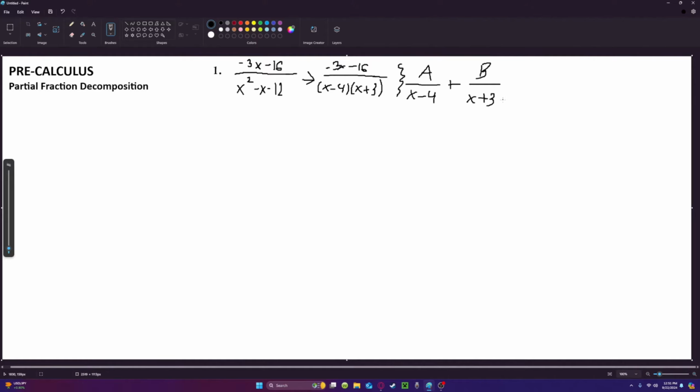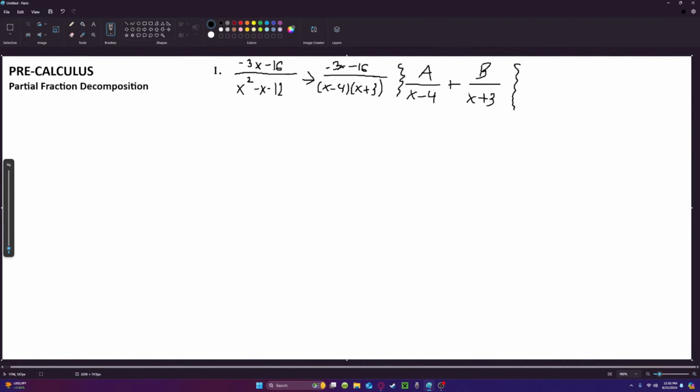This is our way of showing how to set this up. But anyway, since these fractions are adding, you're going to notice that they have different denominators. But when fractions are being added or subtracted, they need to have the same denominator.